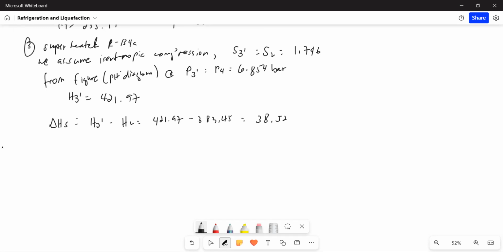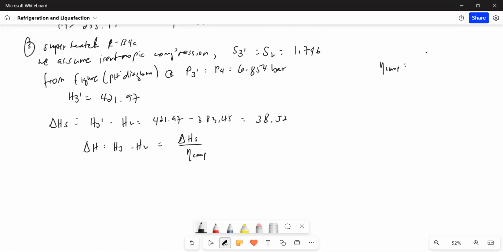The actual H3 minus H2 is equal to delta HS over the efficiency of the compressor.